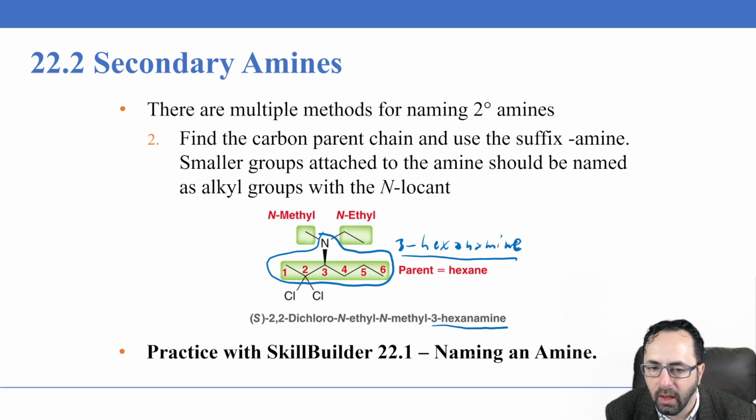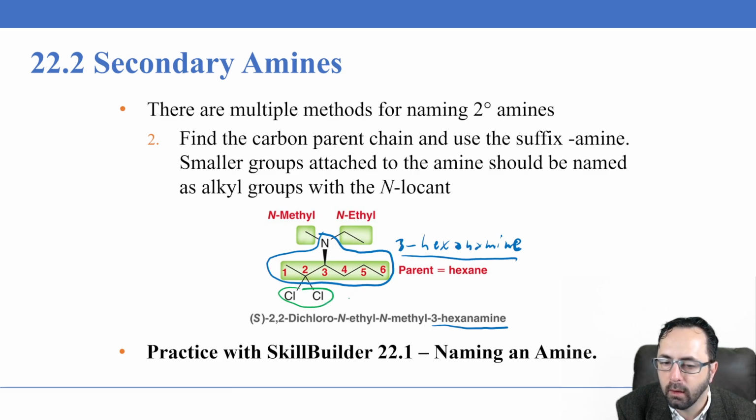At that point, we've got several different groups here. We've got a couple of chloro groups, so this is going to be a 2,2-dichloro group here, 2 chloros both on carbon number 2. Also attached to the nitrogen is an ethyl group and a methyl group.